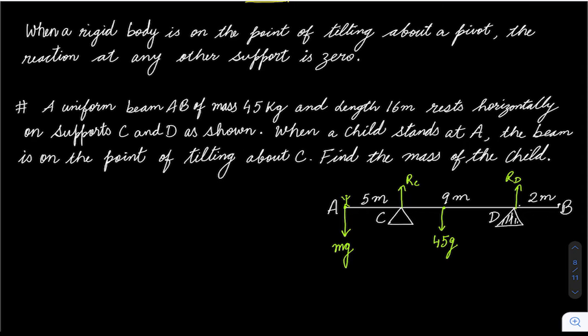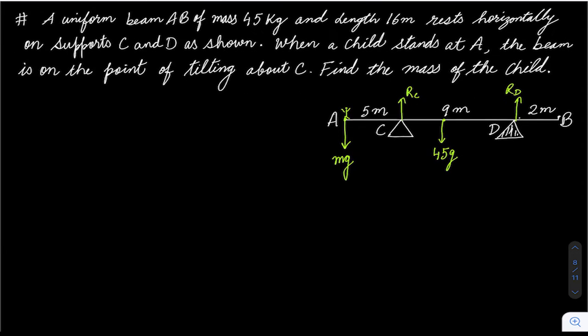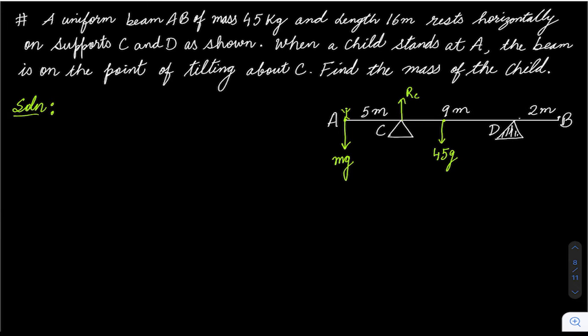When it is about to tilt about a pivot, the reaction at other supports is zero. So we know that the reaction at D will be zero. Now this is our diagram, correct? We discussed that whenever we are solving a mechanics question, we make a rough diagram and then draw all the forces. We know this is zero, so I am not drawing the reaction at D.